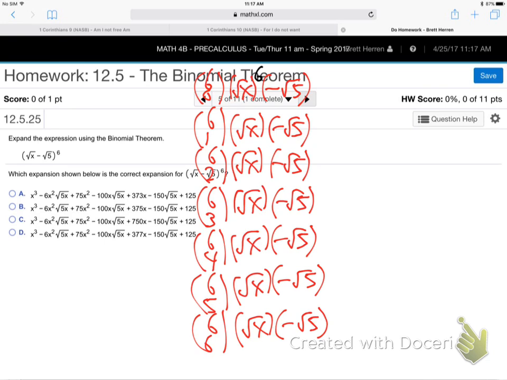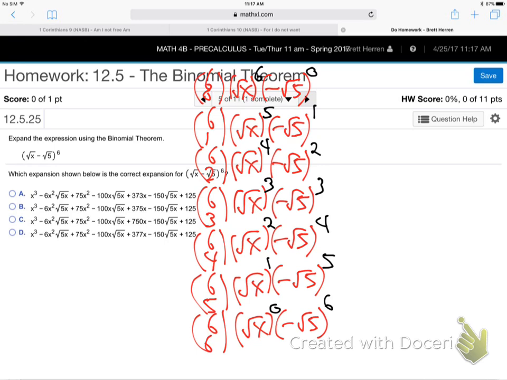Powers are 6, 5, 4, 3, 2, 1, 0, 0, 1, 2, 3, 4, 5, 6. The same coefficients we had before, huh?